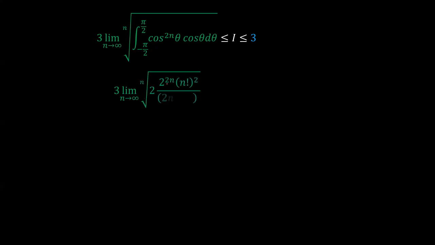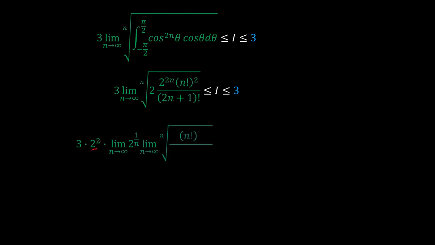and that is the same as the limit of 2 times 2 to the power 2n n factorial squared over 2n plus 1 factorial, basically the nth root there. And so we already pulled out, and we thought that this is 2 squared. We pull these things out, and then the limit as n goes to infinity of 2 to the power 1 over n. And here, this one tends to 0 if n tends to infinity.